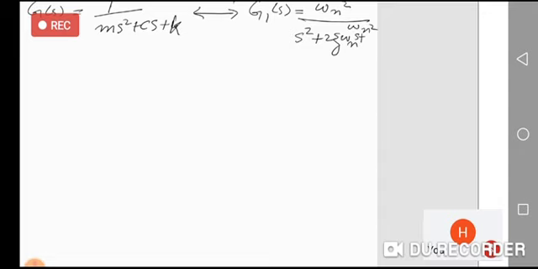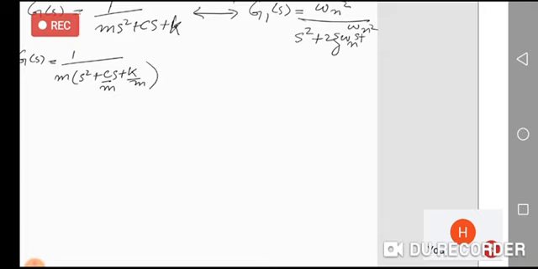So how do we prove it? We simply take m constant, G of S is equal to 1 over m into S square plus C over M S plus K over M.